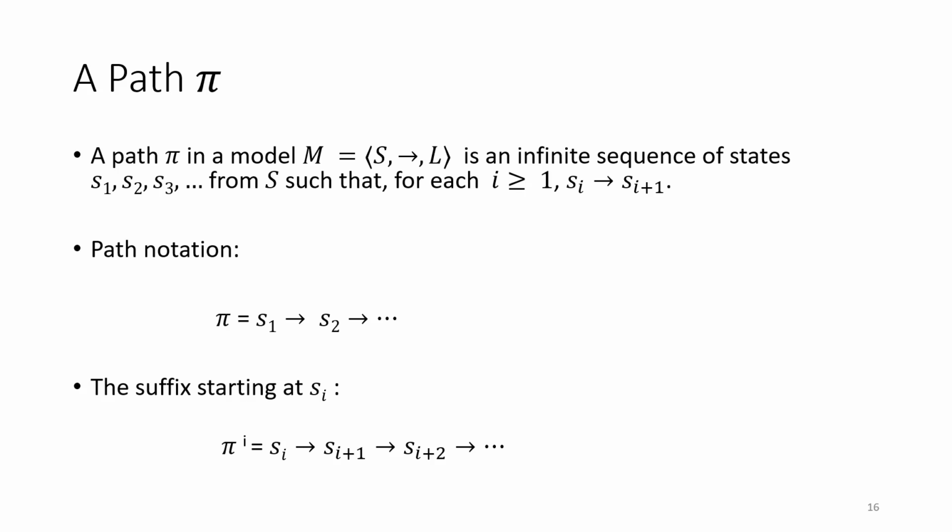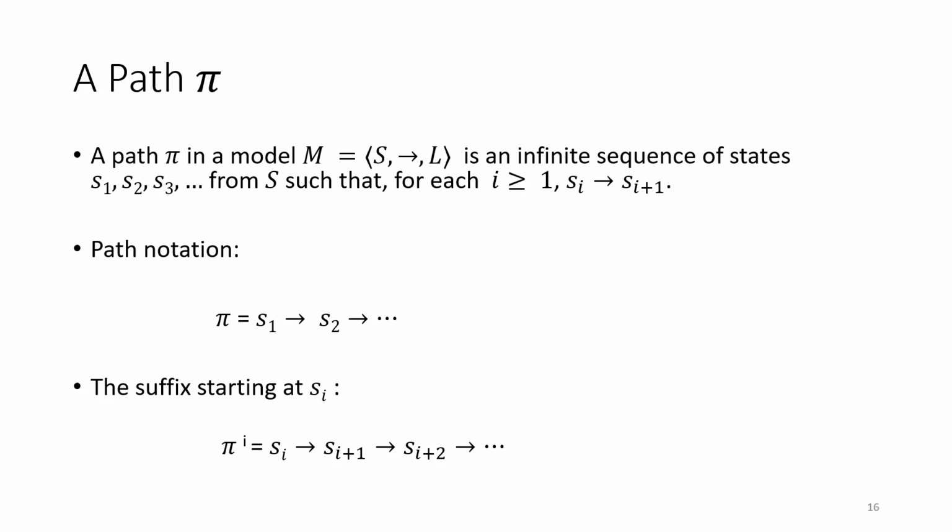Now we can define a path. A path is simply a sequence of states. So we go through our transition system, and we pick a state. That's the state that we begin with, and then each next state has to be a possible transition.